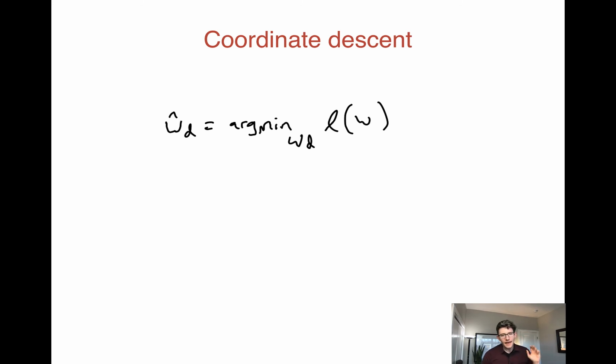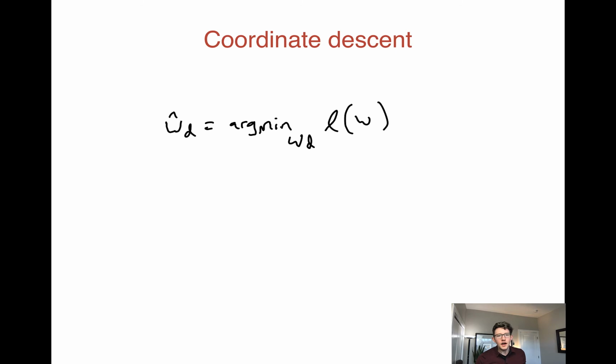But it better be that the update is much faster than what you'd get from some algorithm applied to the whole objective in all the parameters. Because of course, even once you finish an iterative update in a single parameter, you still have to do that again for all the parameters.